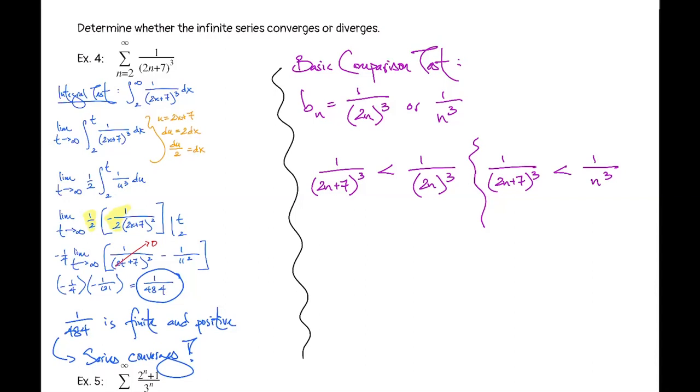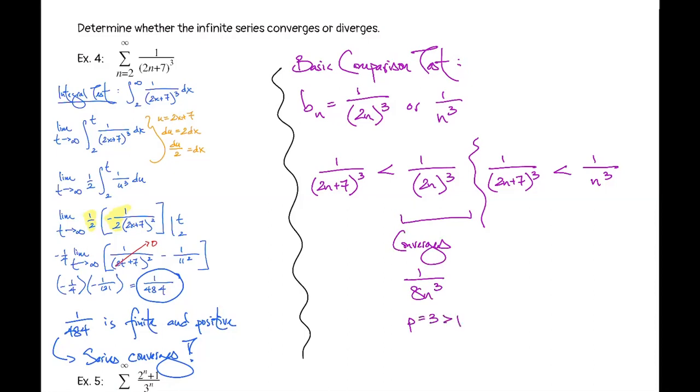So what can we say about 1 over (2n) cubed? Converges, diverges? It converges. And how do you know that, Leo? Because that 1 over (2n) cubed is going to simplify to 1 over 8n cubed, which is still a p-series, and the p would be more than 1, therefore it converges.